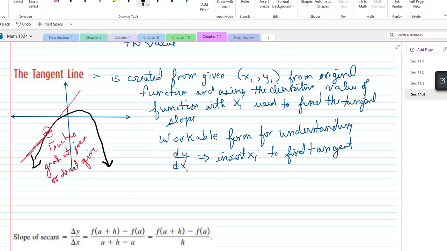The second step would then be use equation of the line, slope, I have it as slope-intercept form, with the dy dx of 1 and x of 1, y sub 1.